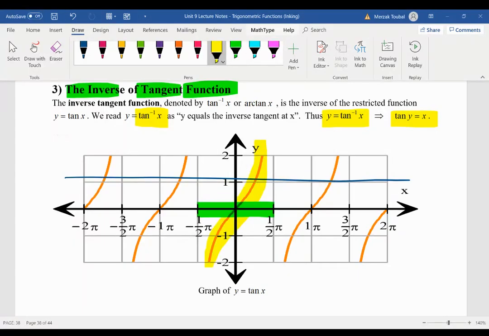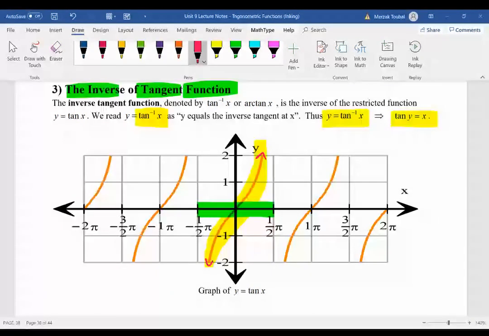One curve is actually sufficient, because this curve here is the same as this one, the same as this one, and the same as this one. So it is sufficient to use one curve because it includes all the possible values of the function tangent.